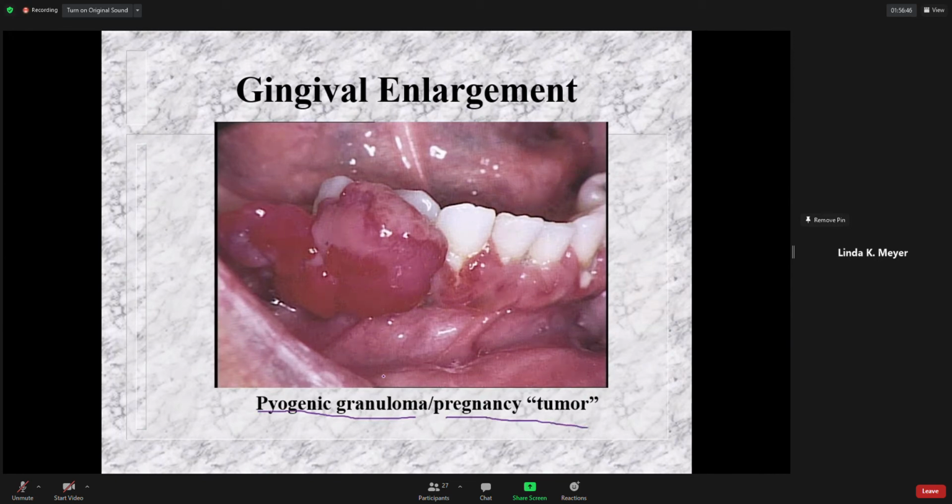And pyogenic granuloma can occur in individuals who are not pregnant as well. But this is one of the more common applications of connective tissue hyperplasia.